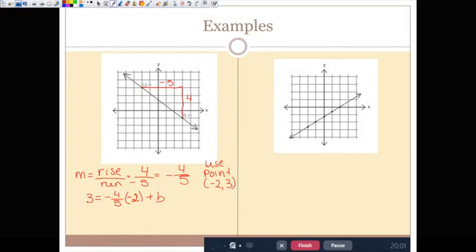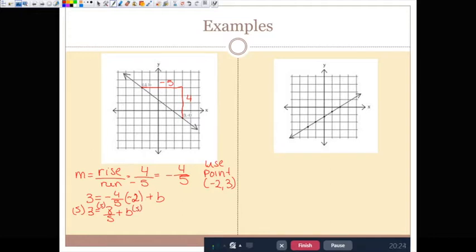So I'm going to multiply here and get 3 equals 8/5 plus b. Okay, so I have a fraction and I don't have a 0 over here, so I need to eliminate my fractions. How do I eliminate fractions? By multiplying by my LCD, so I'm going to multiply everything by 5.